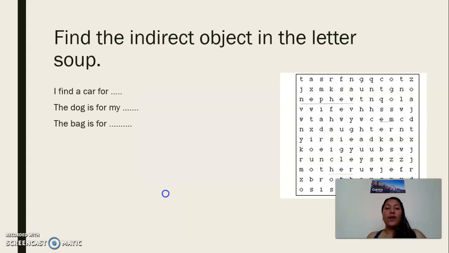Find the indirect object in the letter soup. I find a car for me. Here we have me as an indirect object. The dog is for my nephew. Here we have nephew as an indirect object, and the bag is for her. All these words are indirect objects.